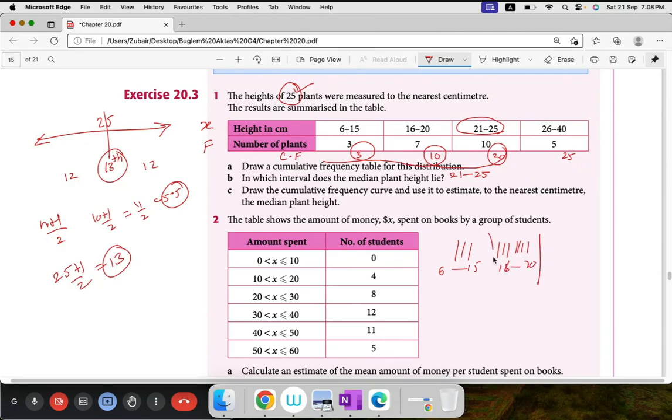So the median is still not there. The median is in the next class because we have to reach the 13th point. So it's total plus 1 over 2, which gives us our median, where n equals the total.